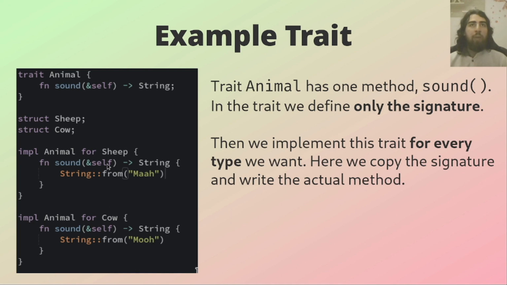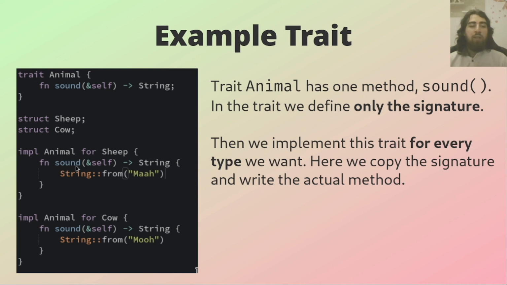Now when we implement a trait for some type, then we have to implement all the methods the trait defines. So in this case, as you can see, in the trait animal, we only provide it with a function signature. And then the concrete types, for example, sheep and cow, will implement the method and its behavior.